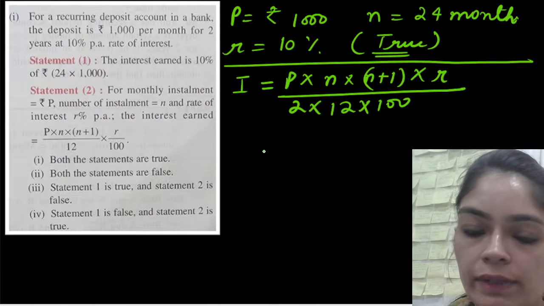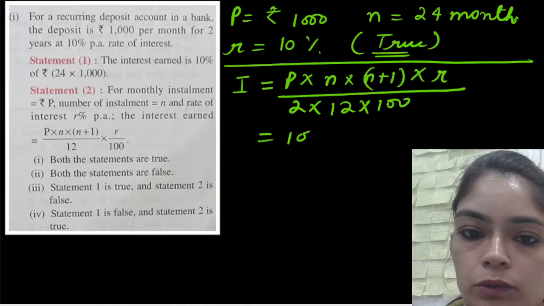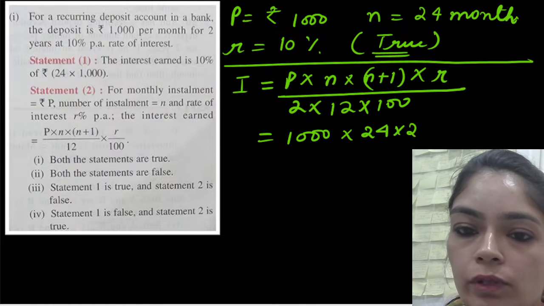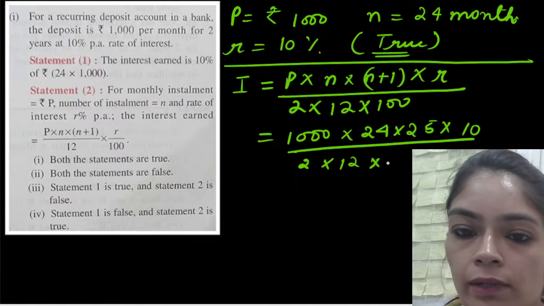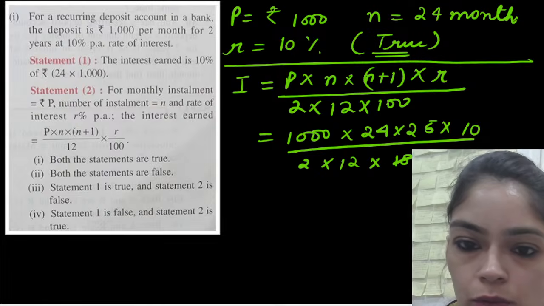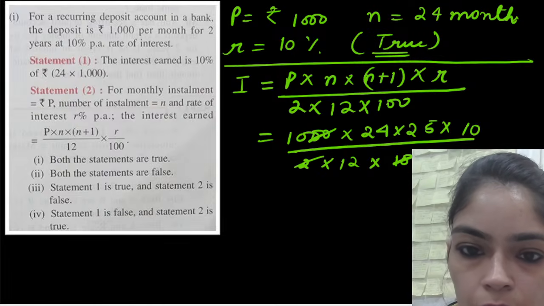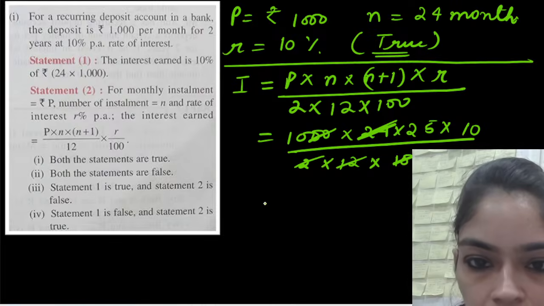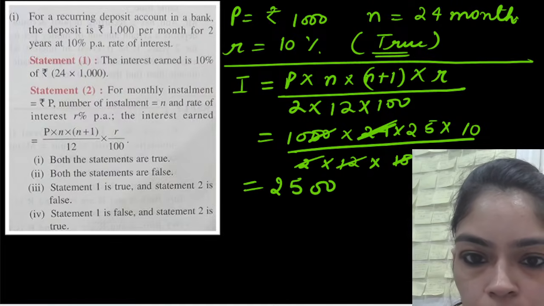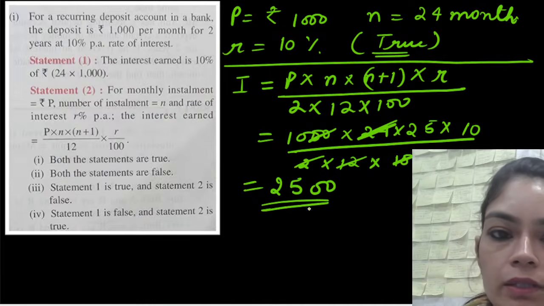So we can solve it. 1000 into 24, N is 24, 25 into 10 by 2 into 12 into 100. See, 2 zeros here we can cancel. 2 into 12 is 24, so this 24 and this 24 I can cancel. So what am I left with here? 2500. This is the value of interest I am getting.